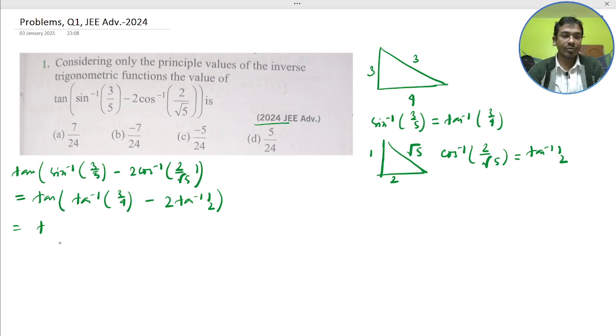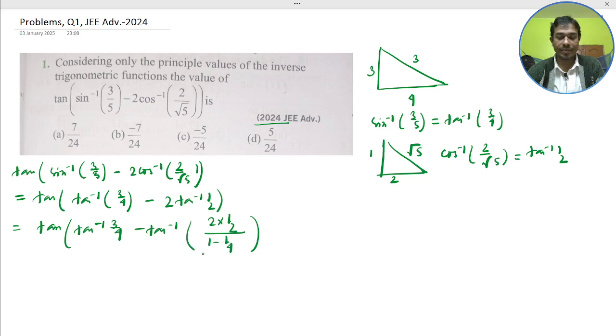That is equal to tan of tan inverse 3 by 4 minus tan inverse of 2 into half divided by 1 minus 1 by 4, using 2 tan inverse x equal to tan inverse of 2x divided by 1 minus x square.